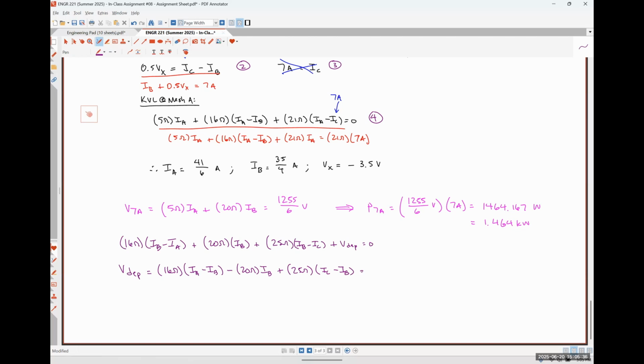And I'm just going to throw that into my calculator real quick. And remind myself that we found that guy to just be 7 amps.